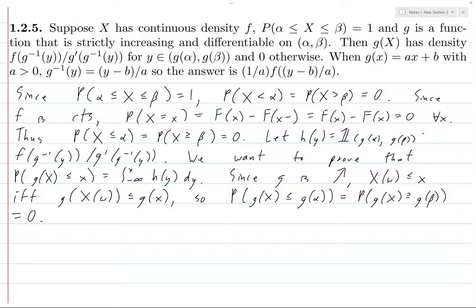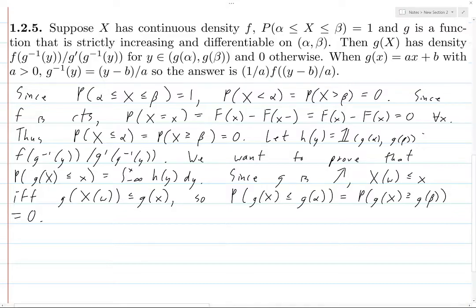And so this matches with how the density function h should behave. If h is the density function for g of X, then it needs to be 0 when you're below g of alpha and when you're above g of beta, and it is.